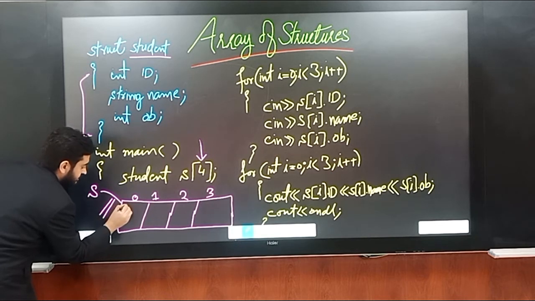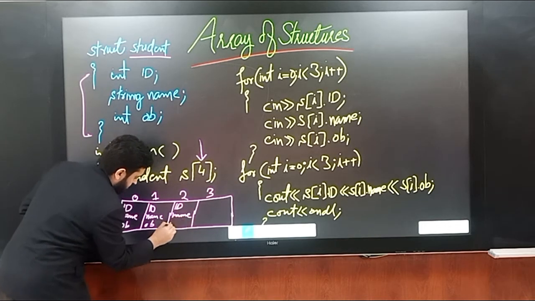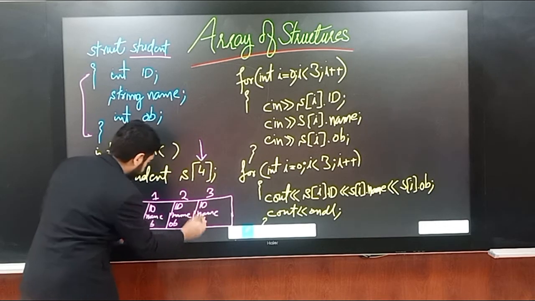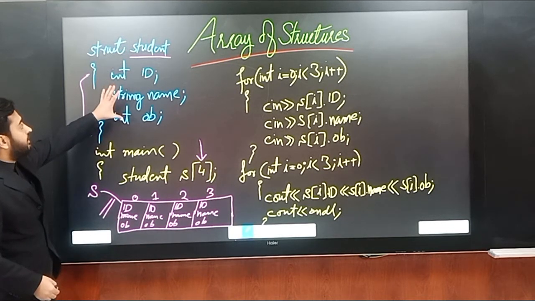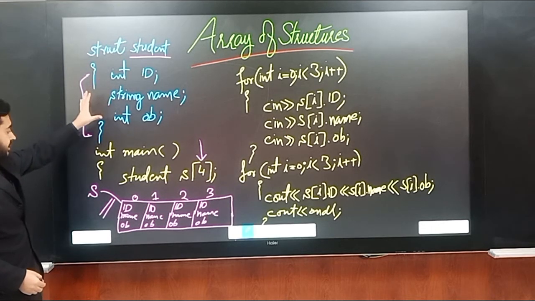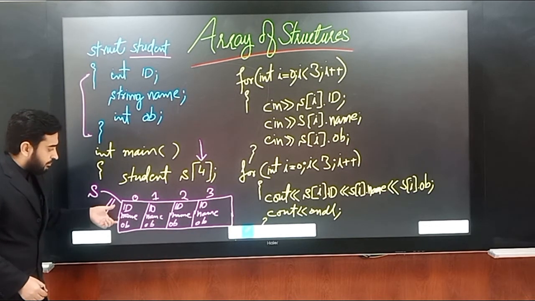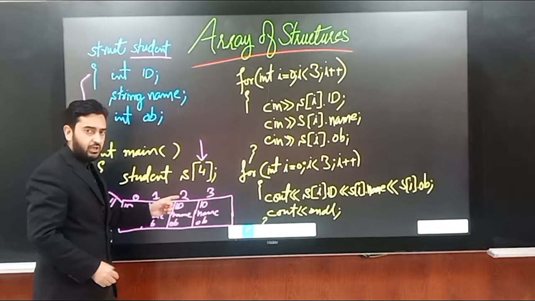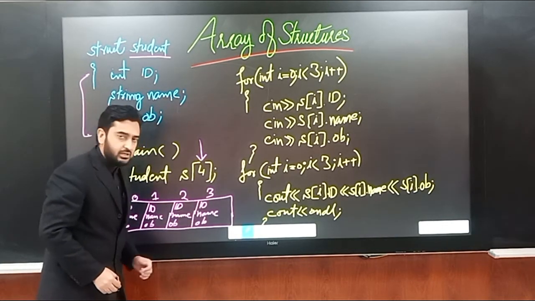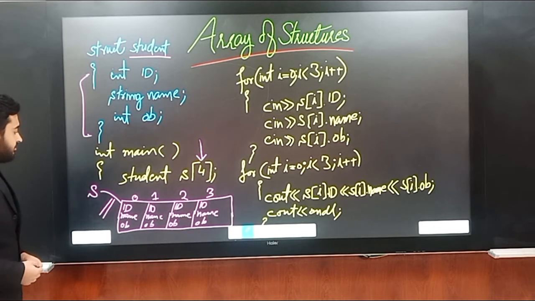This is how we can represent the copies of the variables that are declared in the student structure, the user defined type, in the array. The ID on index number 0 is different from the ID on index number 1, which is different from the ID on index 2, and similarly index 3. These are the copies of the structure defined previously by the programmer.